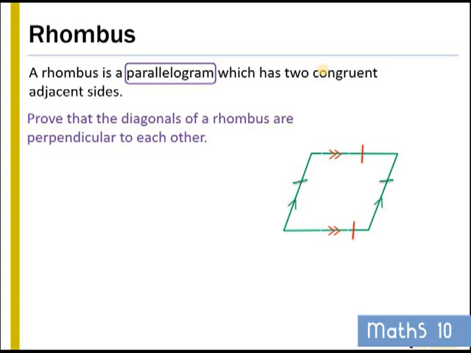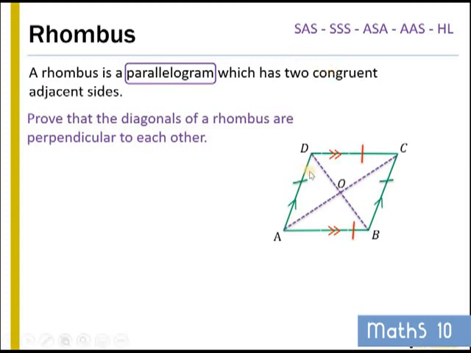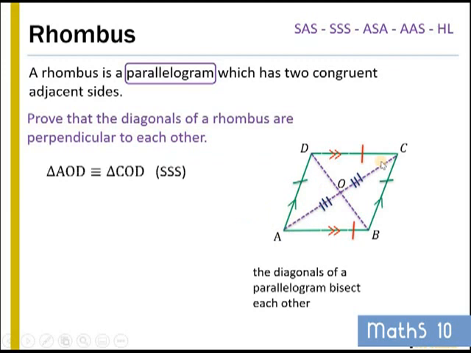Prove that the diagonals of a rhombus are perpendicular to each other. Again, we'll use congruent triangles to prove this. Let's draw in the diagonals. We're trying to show that these angles here are all 90 degrees. We know that the diagonals of a parallelogram bisect each other, so the length AO is equal to the length OC. Therefore, triangle AOD, this one here, is congruent to triangle COD, this one here, by side, side, side.